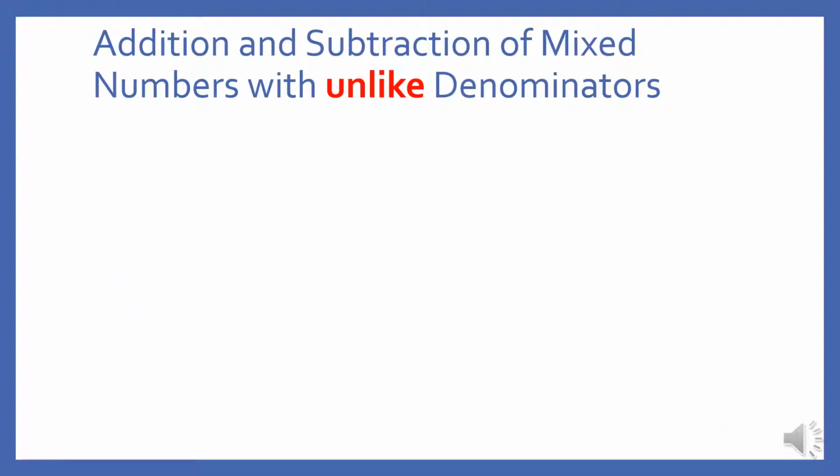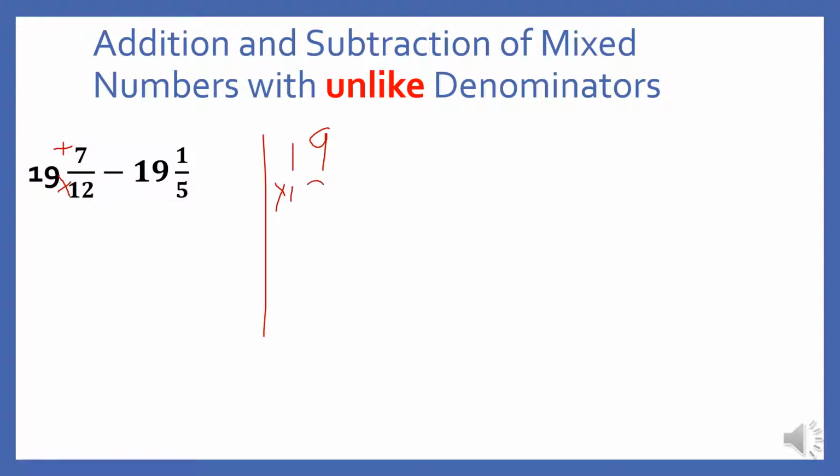We're going to continue with adding and subtracting mixed numbers with unlike denominators. And of course, when we don't have common denominators, we'll need to find the LCM. I have a mixed number, so I can choose to convert it to an improper fraction before going forward. 19 times 12. Please go to your working column, write 19 times 12 and work out your answer.